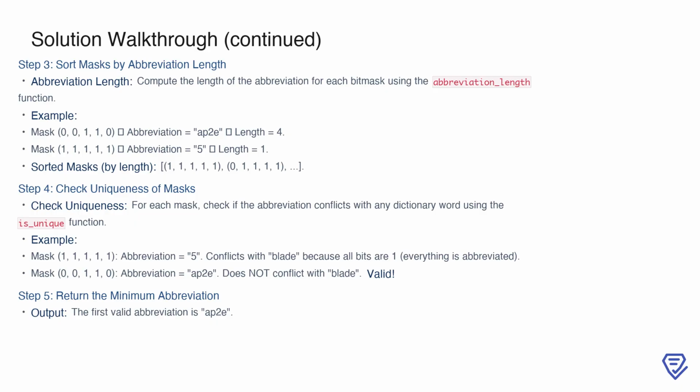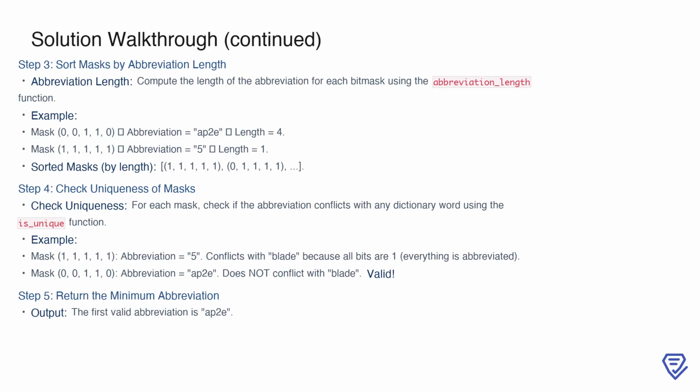The abbreviation length is calculated using the abbreviation_length function, which considers the number of characters kept in the groups of abbreviated characters. For instance, the bit mask 00110 results in the abbreviation AP2E, which has a length of 4. On the other hand, the bit mask 11111 produces 5, which has a length of 1. By sorting the bit masks in ascending order of abbreviation length, we prioritize shorter abbreviations.